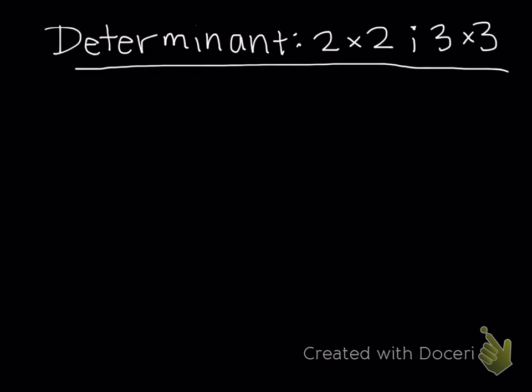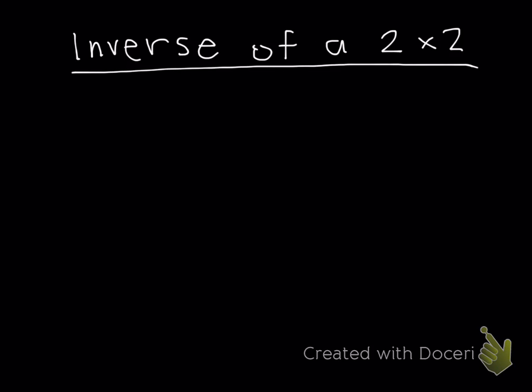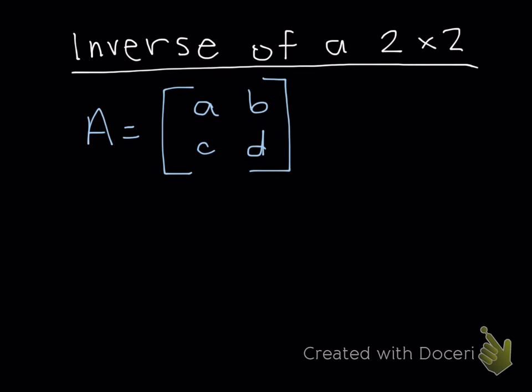So the next thing I want you to notice is that it says determinant, so I actually want you to keep flipping in your notes. Go back to the back page where it says the inverse of a 2 by 2. So I think I kind of did this a little out of order. I want to find the inverse first, and then we'll go back to determinants. So if I have this matrix A, B, C, D, now remember these 4 things represent numerical values.